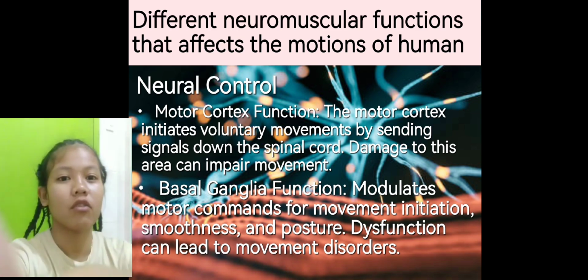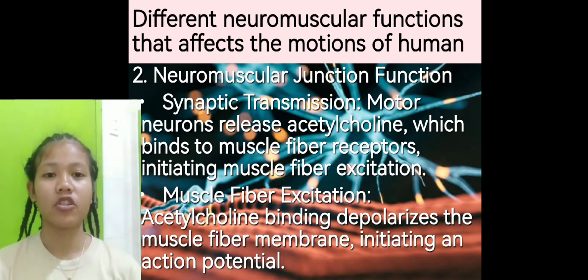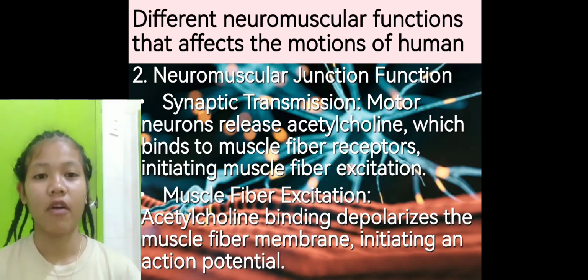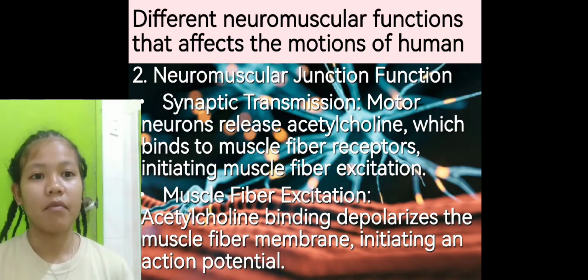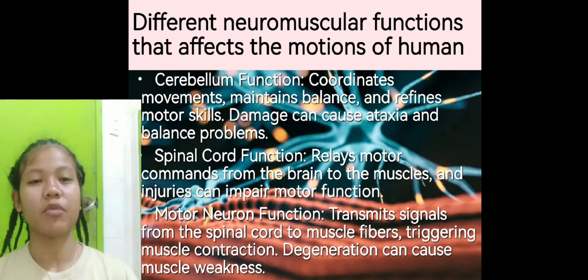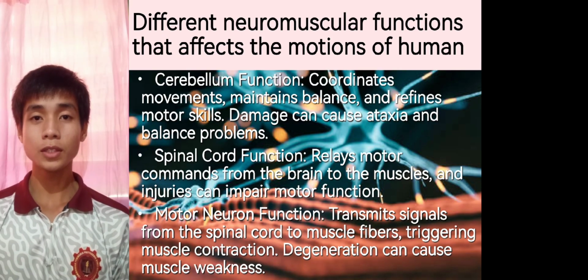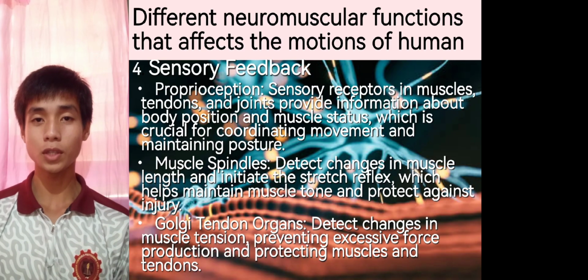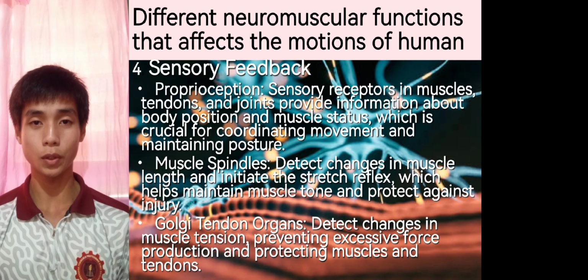The next neuromuscular function that affects the motion of movement is the neuromuscular junction function, synaptic transmission. Then sensory feedback involves how our body senses movement and position through specialized receptors.